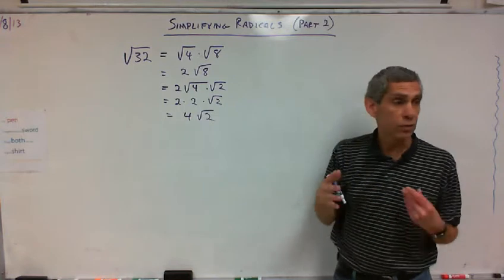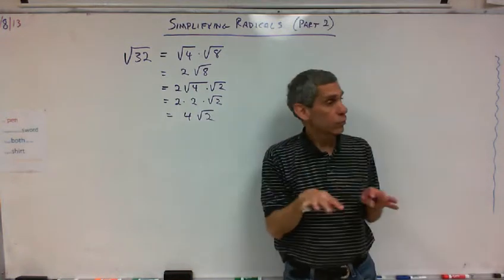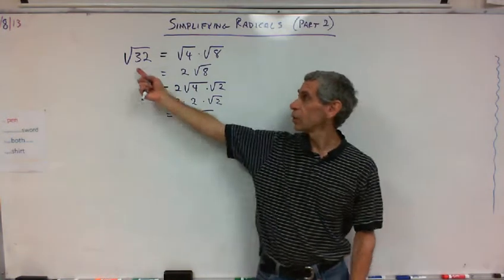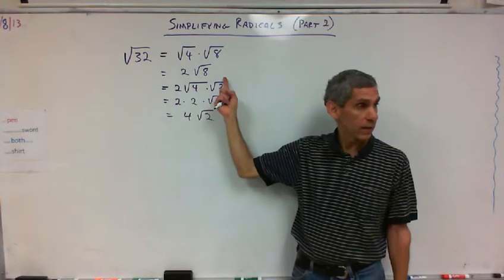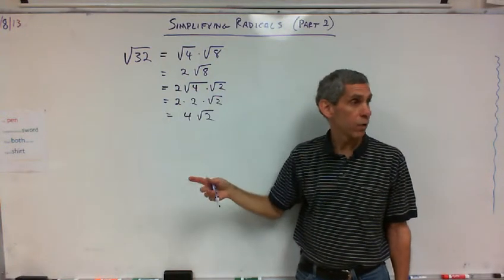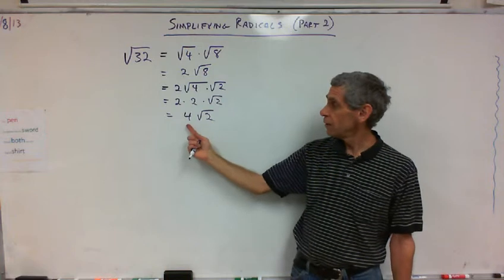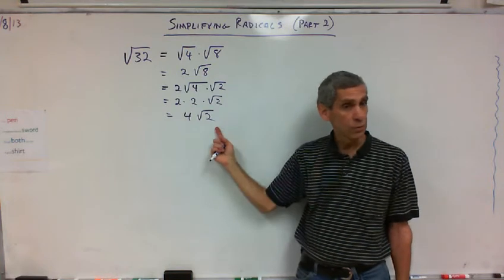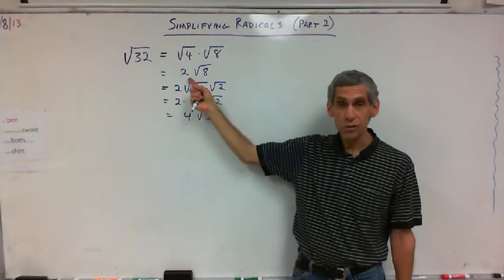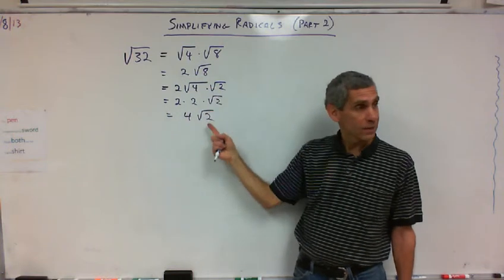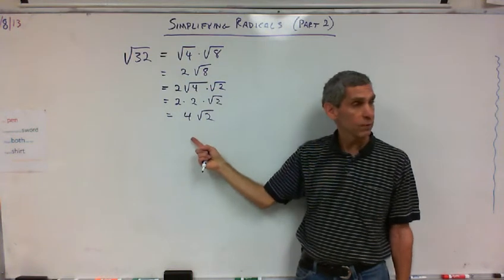But if you had a multiple choice question that said simplify the square root of 32, and A was 2 times the square root of 8, B was 10 times the square root of a million, and C was 4 times the square root of 2, this would be the only right answer. Even though that is true, this is not simplified. This is fully simplified. You see the difference?